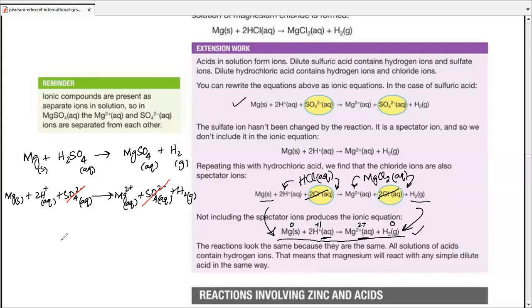Just writing the rest of the equation would leave us with the correct Ionic equation, which is magnesium in its solid form plus 2 hydrogen ions aqueous give us magnesium ion in its positive 2 state aqueous plus the hydrogen gas. That's our wanted Ionic equation. Are we good? Yeah, okay.